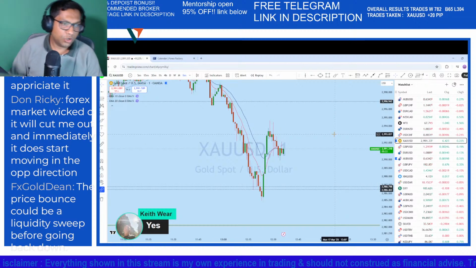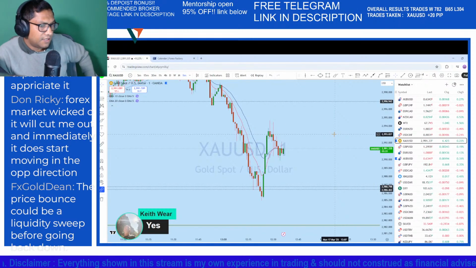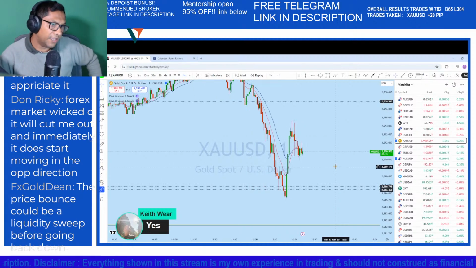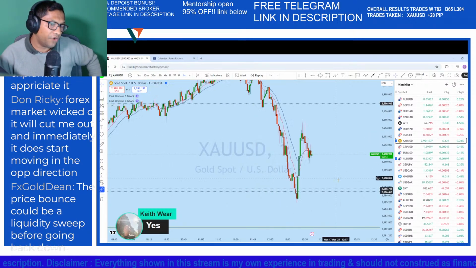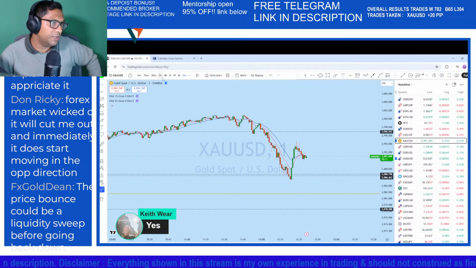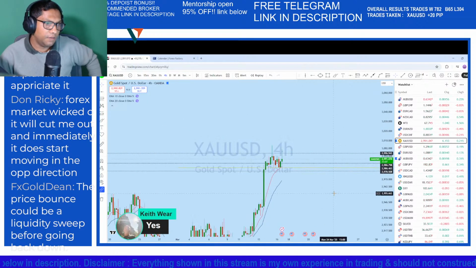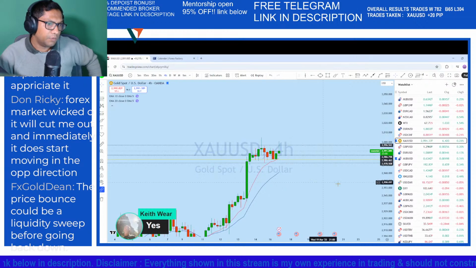Quite a few narrow doji formations here, and with those narrow dojis, until we see the directional bias, we will be waiting to see. So far it looks to me that it might still be remaining potentially bearish.